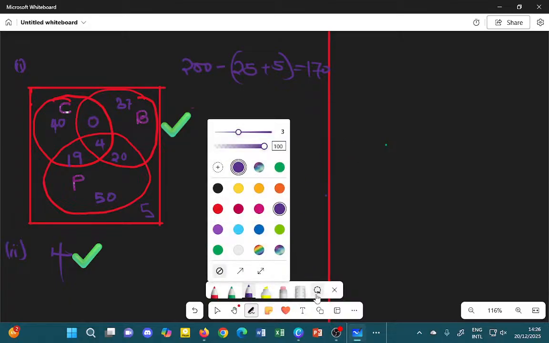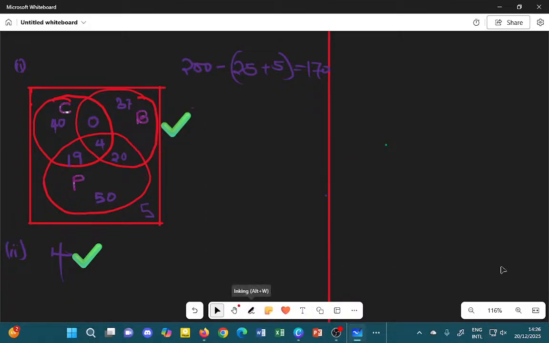Roman 3. Now I'm asked to find the proportion of persons that liked the color.